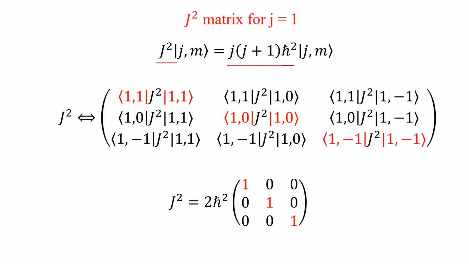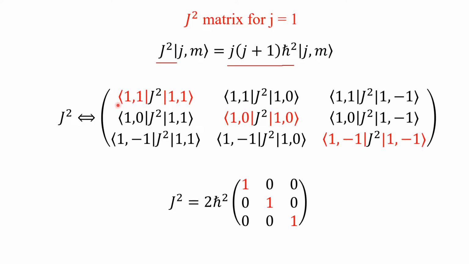Like in the case of L, it is L into L plus 1 h cross squared. The same is the case for total angular momentum. So you know the eigenvalue with the ket vector. Here, it is important to note that the operator J squared, that is the square of the total angular momentum operator, does not change the state. Here also it is J m, and here also it is J m.